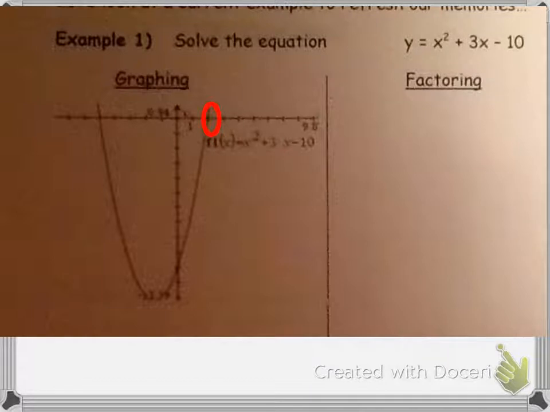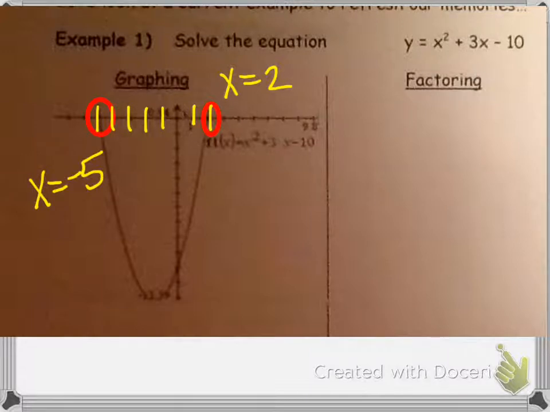There's one and there's another. I would just need to count how many. So this is 1, 2, so I'd have x equals 2. And -1, -2, -3, -4, -5, and x equals -5. So those would be two solutions of this equation.